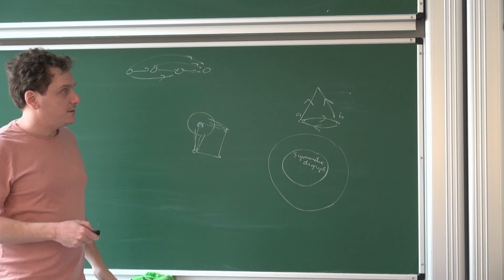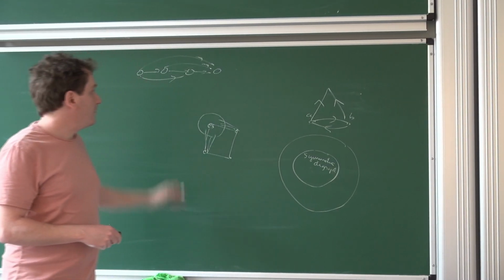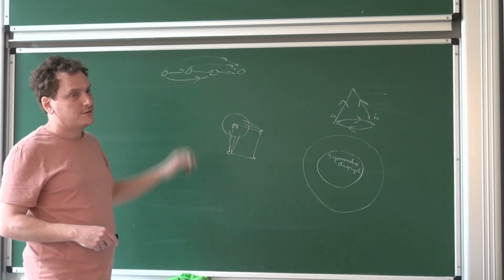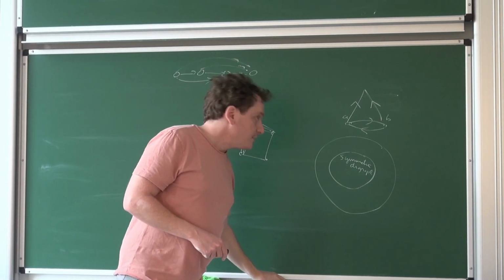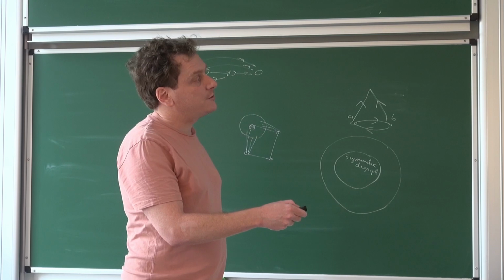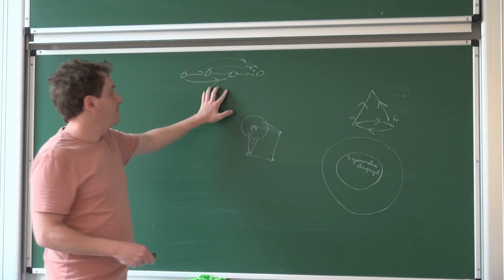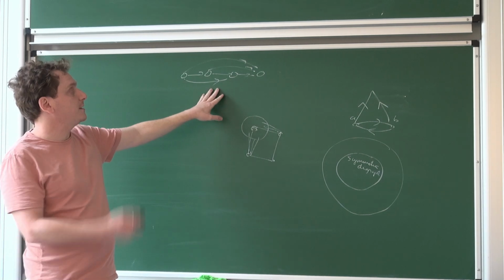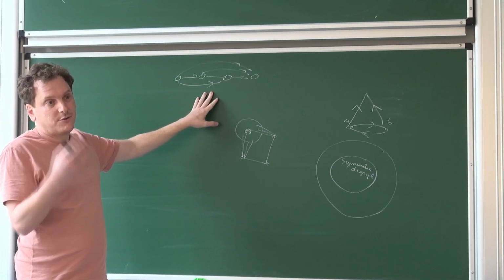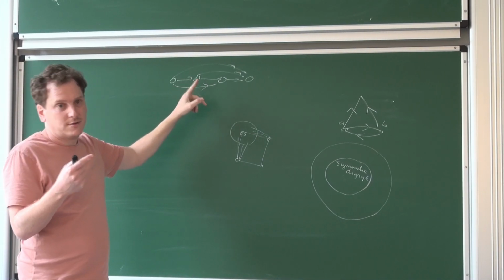So the clique number of a digraph is the size of the largest transitive tournament. This does not give you a lower bound on the dichromatic number, because, for example, the transitive tournament on 4 vertices has clique number 4, and its dichromatic number is 1. There is no directed cycle.